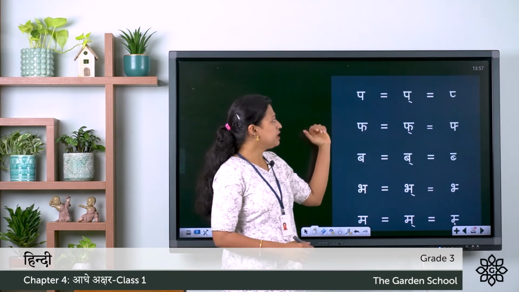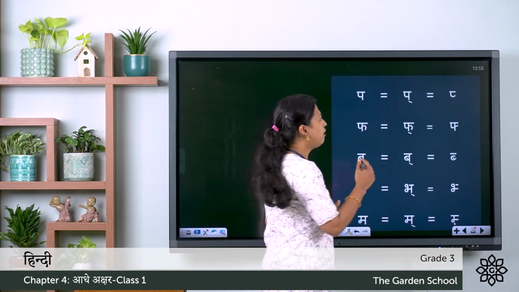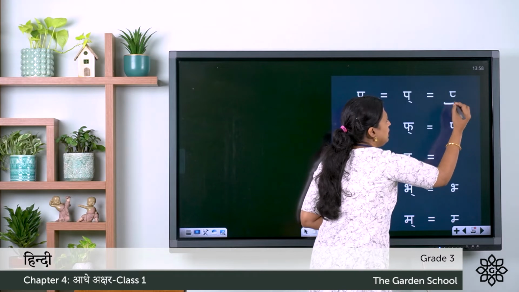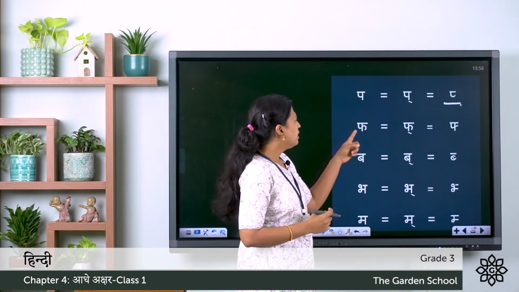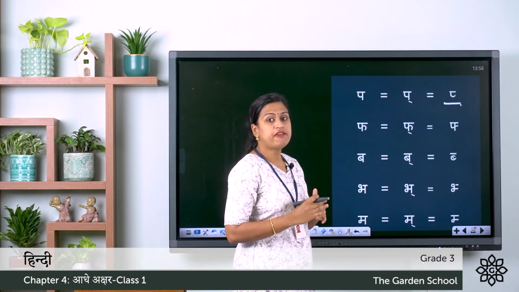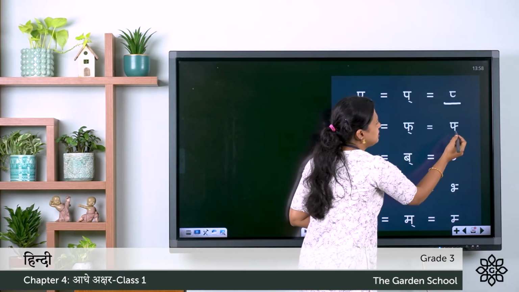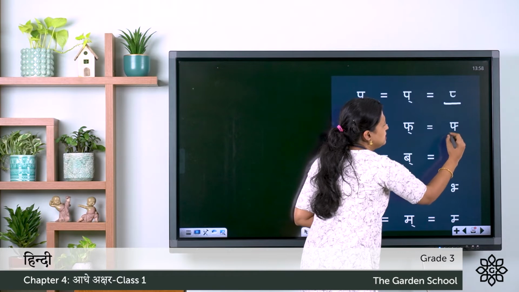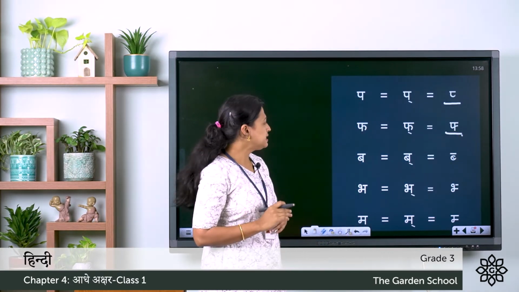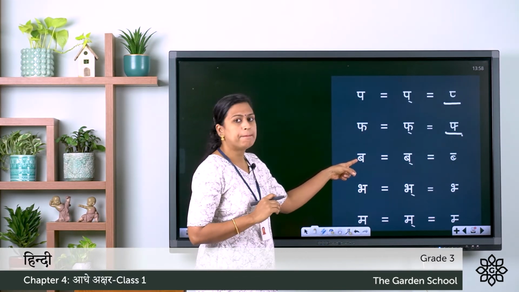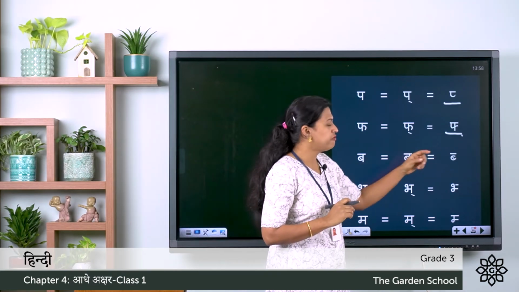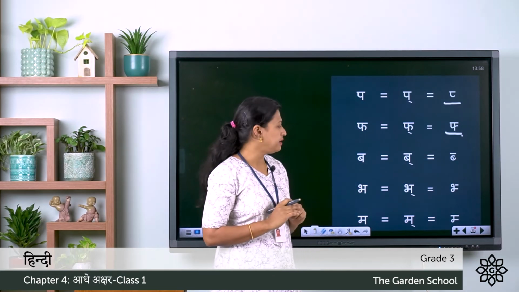Next Vyanjan akshar is pa. Half form of pa is without the standing line. Next Vyanjan akshar is fa, and in this half form of fa you can see the bend part is missing. Next Vyanjan akshar is ba, and the half form of ba has no standing line.